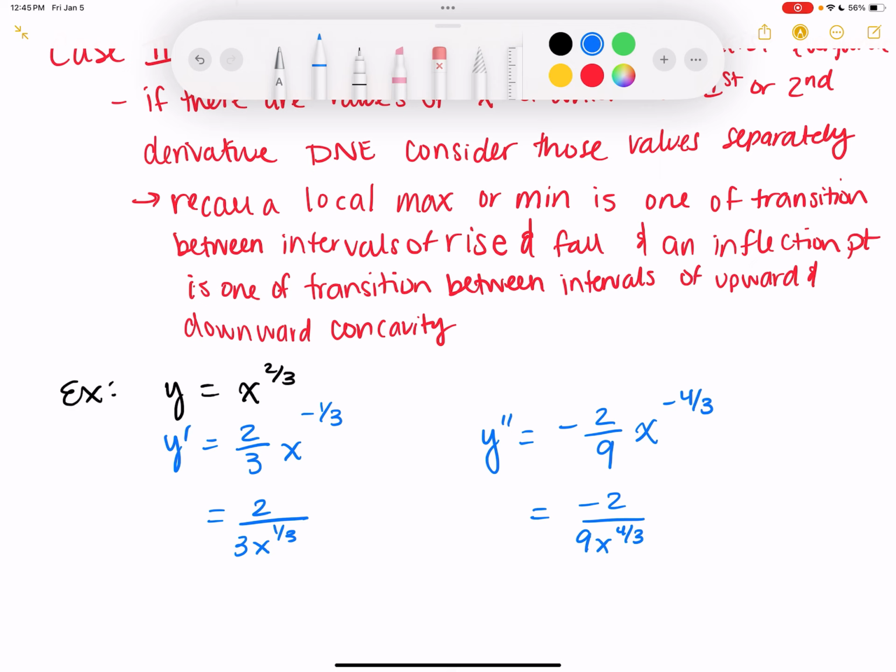So is there anywhere that either of these derivatives are 0? When x is 0? No, that's undefined.